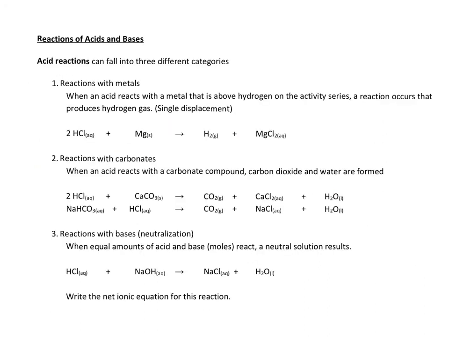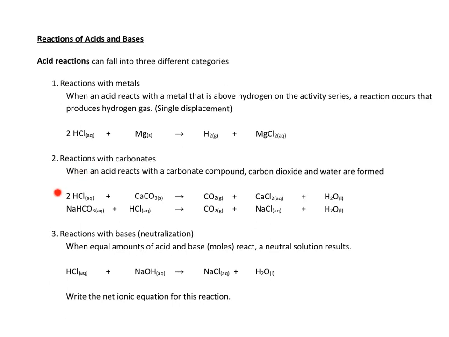Reactions of acids and bases. Acid reactions will fall into 3 categories. You can have a reaction with a metal, and when you have an acid plus a metal, it's a single displacement reaction. You will always form hydrogen gas and an ionic compound.